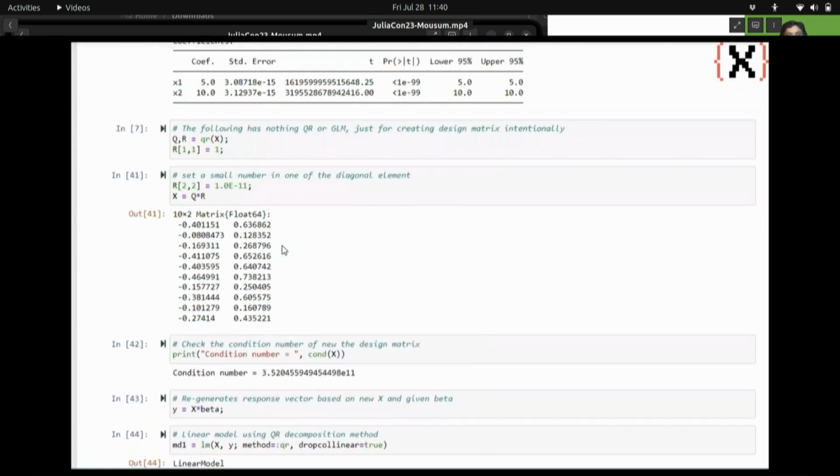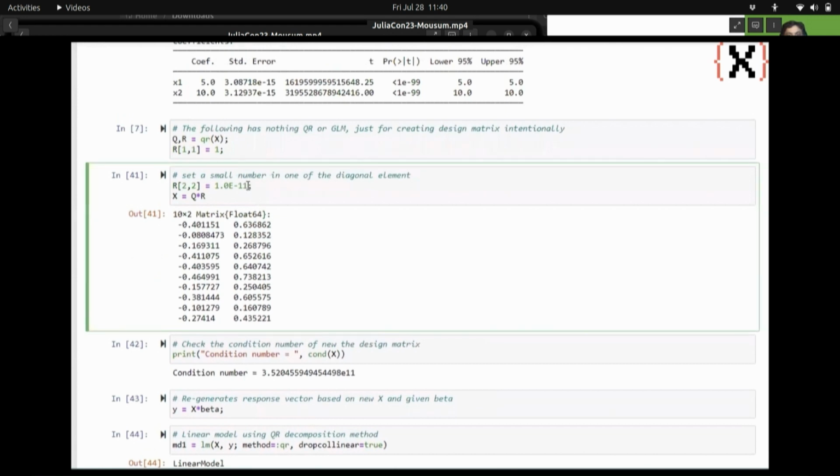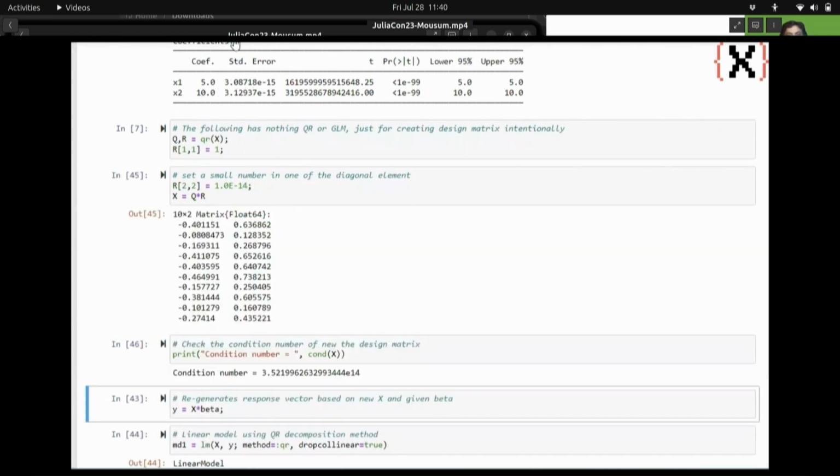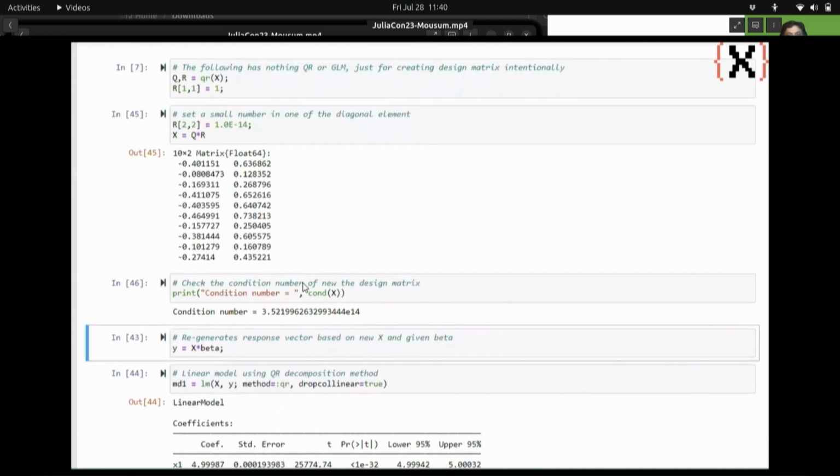Now let's increase the condition number by a scale of 10 to the power 14. So it is greater than 10 to the 14 and less than 10 to the 15, the condition number. Now let's see what happens.